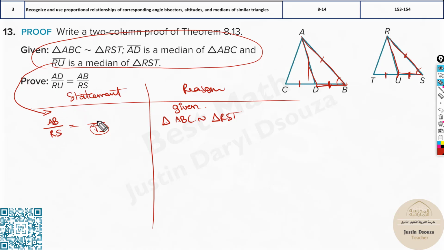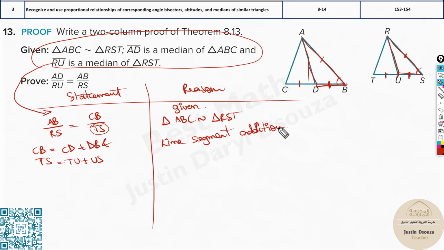Only the right side we have to rearrange. This is CB by TS. Now what can I do? I know CB will be equal to CD plus DB and TS will be equal to TU plus US. Why is this? Line segment addition, right?